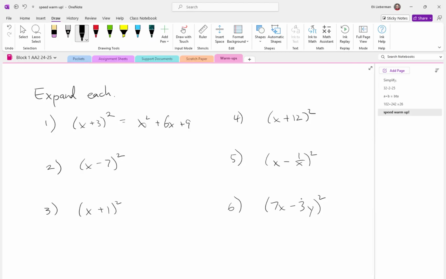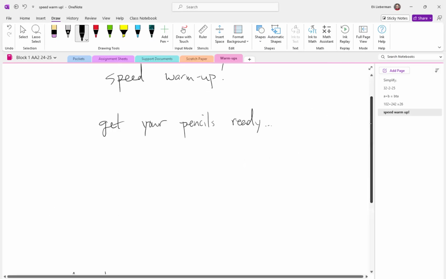It's that middle term that we're concerned with. And to get that middle term, you just take the first and second term and just double the product of the first two terms. So like number 4, that would be x squared plus 24x plus 144. All right, you made it.